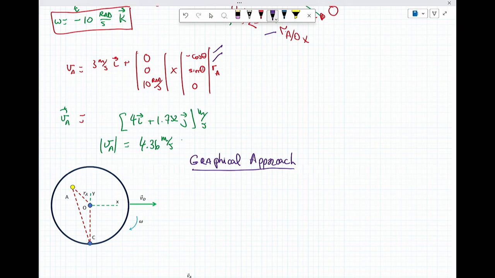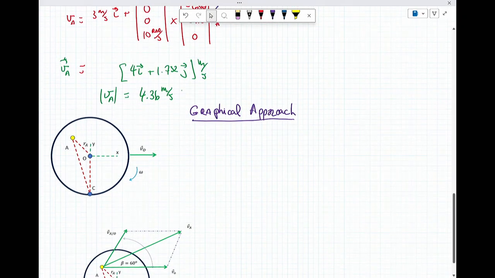And with a graphical approach, you're going to start looking at the same problem. So here, I'm going to put out all of the various radial directions. So in red, you see a line that connects C to A, a line that connects C to O, and you see an x-axis and a very small y-axis there.